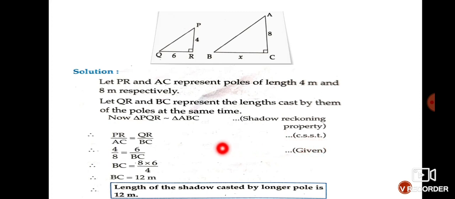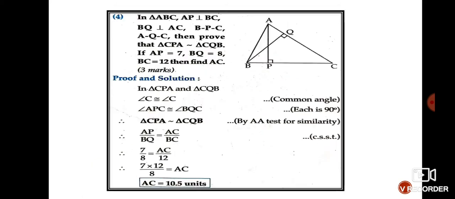This reason is very important. Substitute the values, cross multiply and get the answer. And it is very important in word problems that you write the answer in a full sentence. Even though you are writing BC is equal to 12 meter, to write length of the shadow cast by longer pole is 12 meter will also carry half mark in the exam.